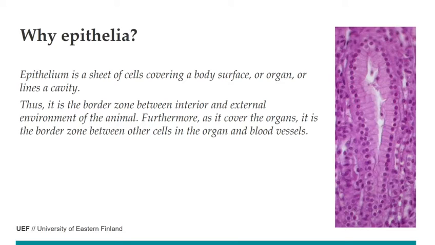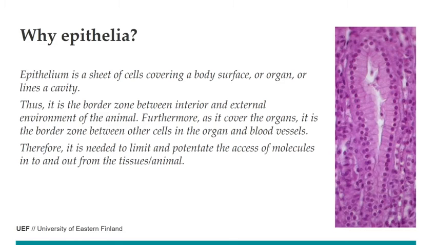And so depending on what goes through this epithelia, it gives the idea of what is affecting these animals. So it's limiting the access of molecules. For example, in a previous video, I was showing that we have snakes with poisons that are affecting prey.